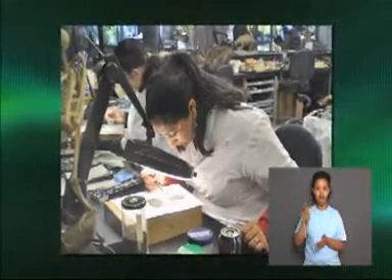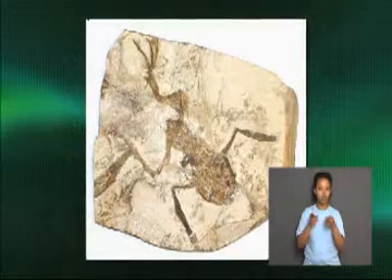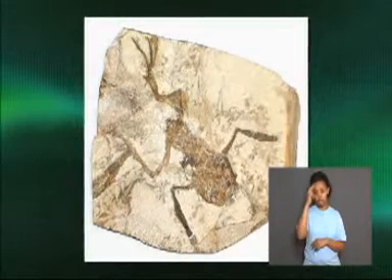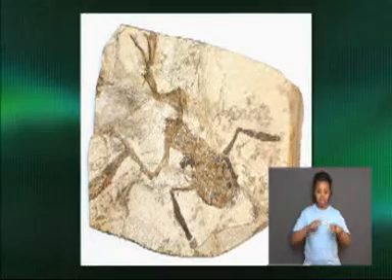Paleontology is referred to as a historical science because it tries to explain causes rather than conduct experiments to observe effects. Fossils are the remains or traces of animals, plants, and other organisms from the past.